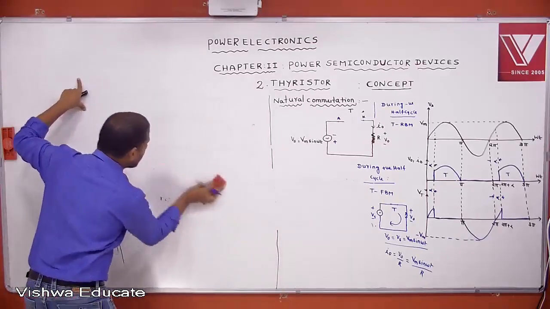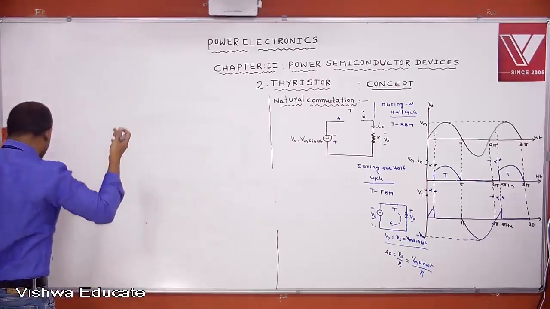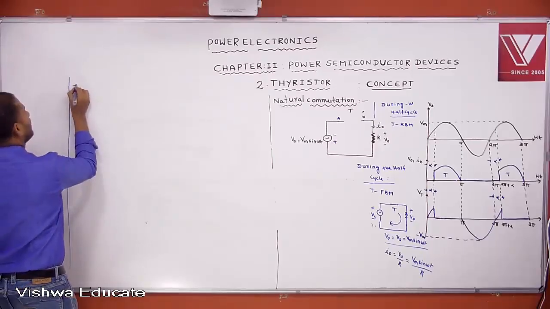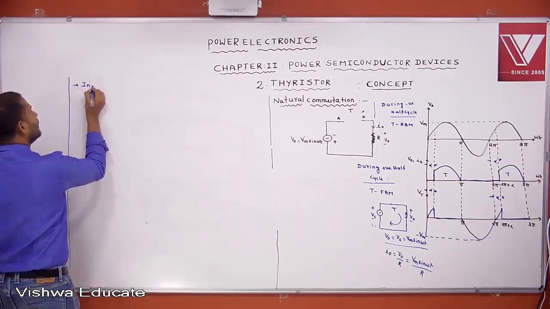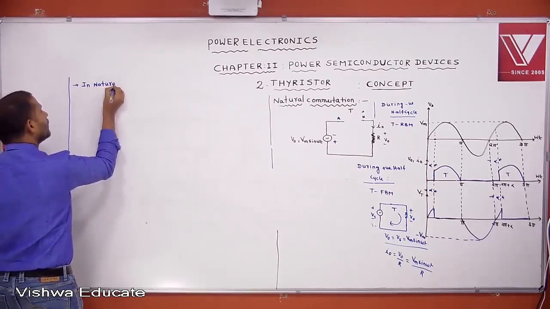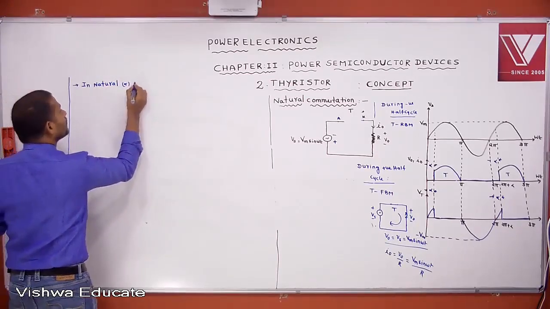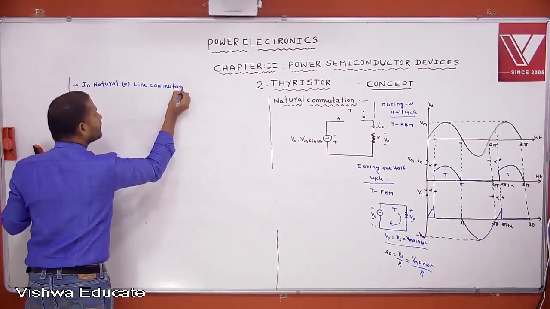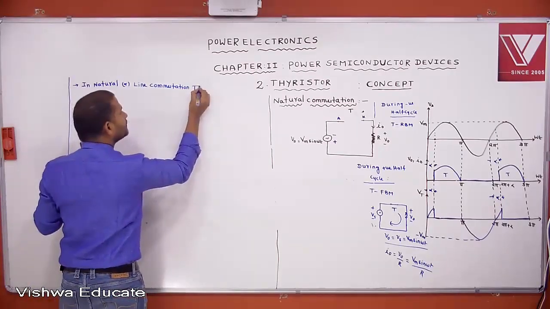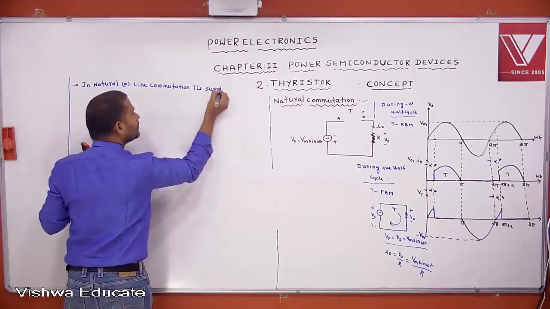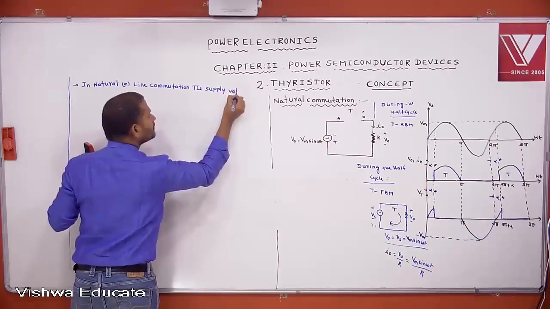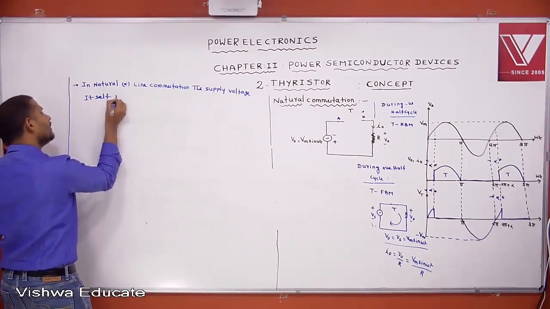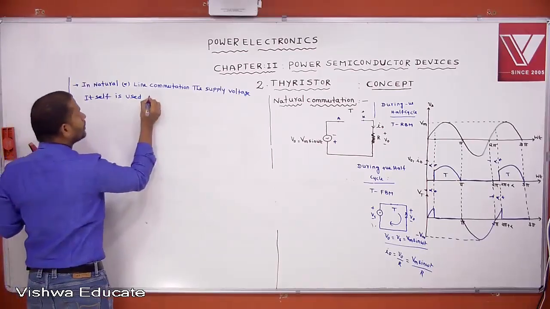That means, in natural or line commutation, you concentrate: the supply voltage itself is used to turn off the thyristor.